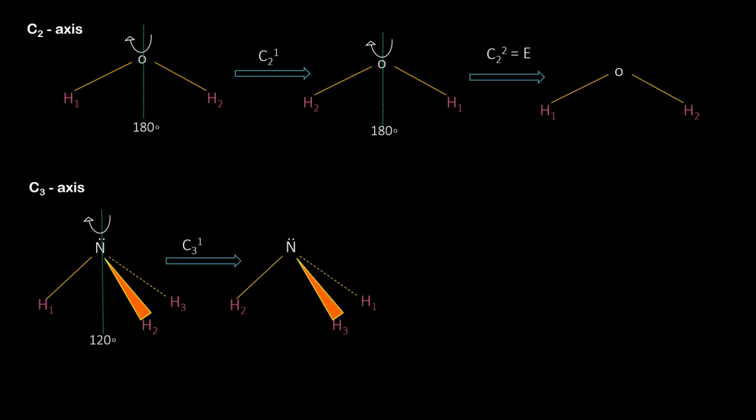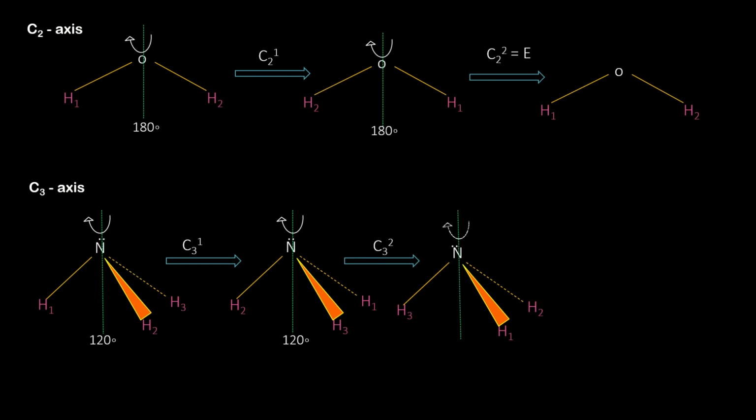Here, the respective positions of the hydrogen atoms get changed. Now, if we apply a further 120 degrees to this molecule, we get another orientation by applying rotation C3 raised to 2, in which also the respective positions of the hydrogen atoms are different.